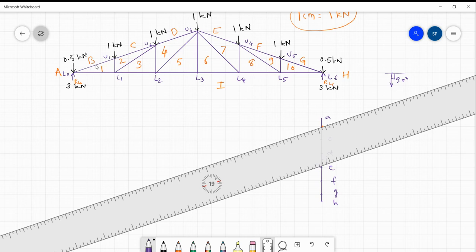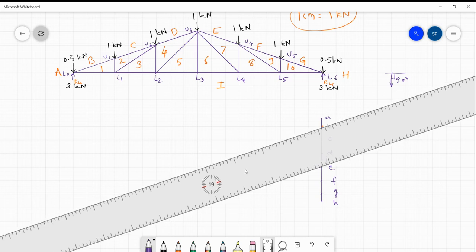If it is known, then I can get another point 1. But here I have to find out that member force only. So what I will do, I will first draw a line B to 1 unknowingly. I don't know this 1, but I know the direction.